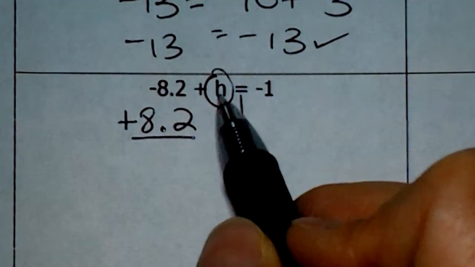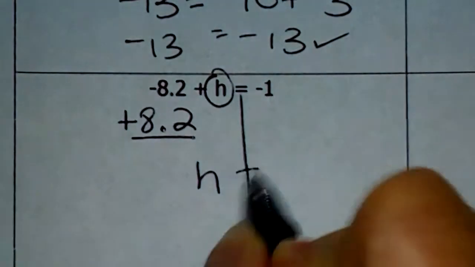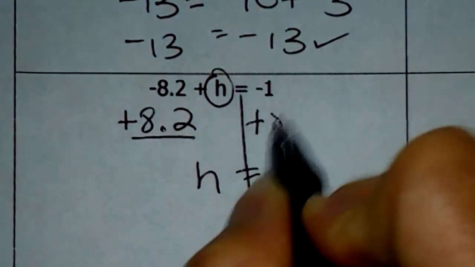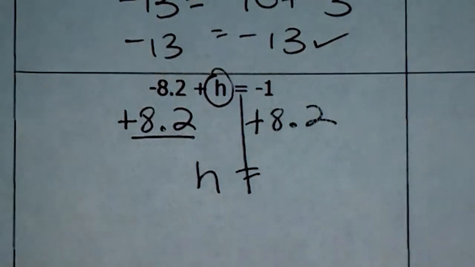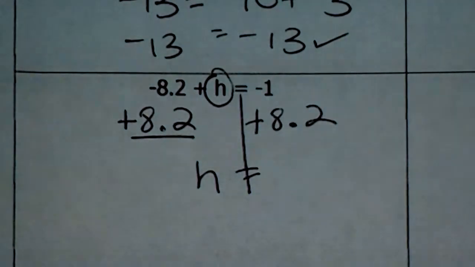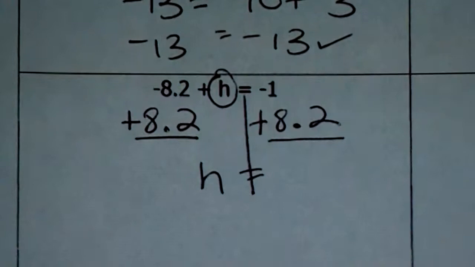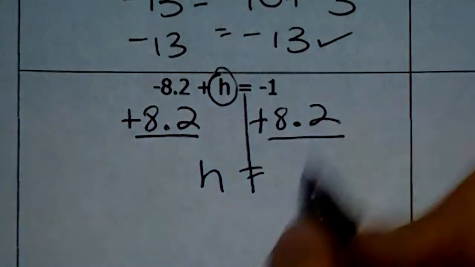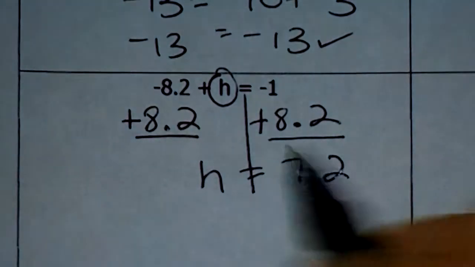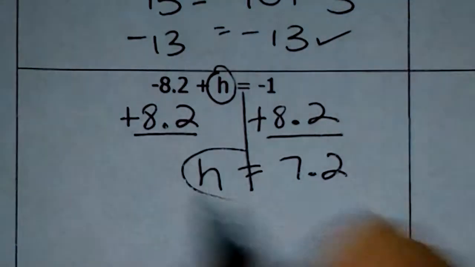H is not. H is still left. Whatever you do to one side, you have to do to the other. So you're left with negative 1 plus 8.2. When you take negative 1 plus 8.2, you have to subtract the digits and take the sign of the greater. So 8.2 minus 1 is 7.2. And it's going to be positive because you have more positives than negatives.